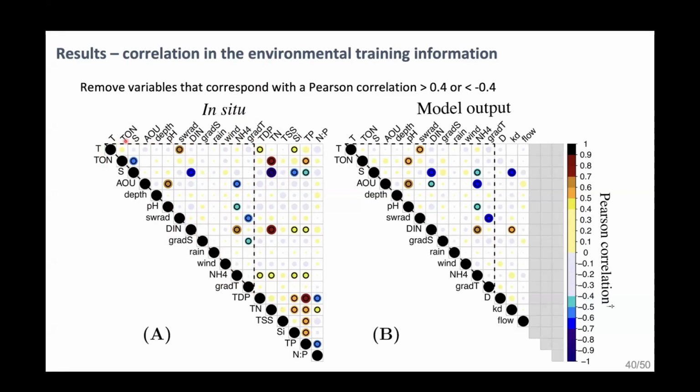The first thing that we notice is that we do detect strong correlations in our training information, depicted by the black circles. A second important result is that when you compare in situ observations and model output provided by CBEFs, the correlations are luckily more or less the same. But we do definitely have some exceptions. For example, total organic nitrogen and salinity show a negative correlation in the in situ observations, whereas we do not detect this negative correlation when we look at the mechanistic model output.